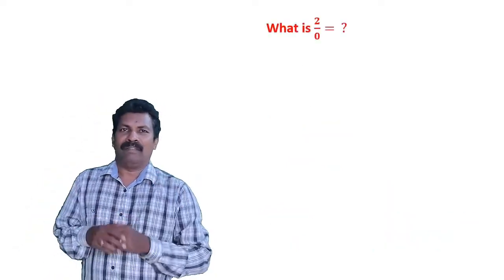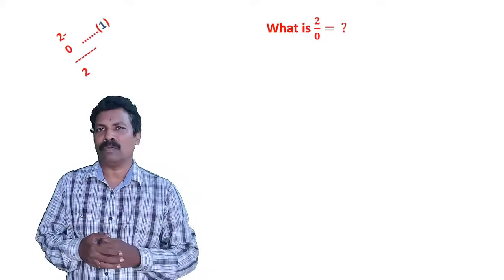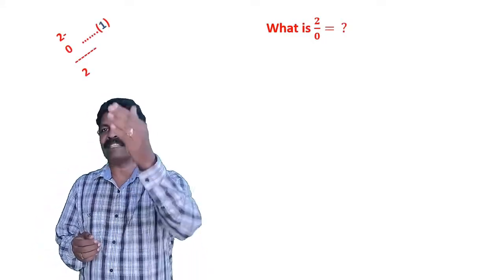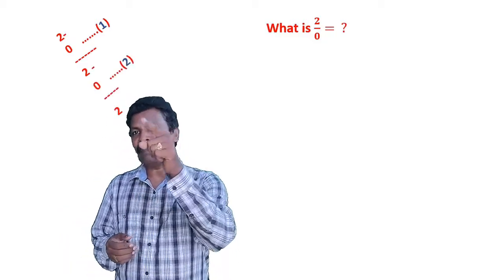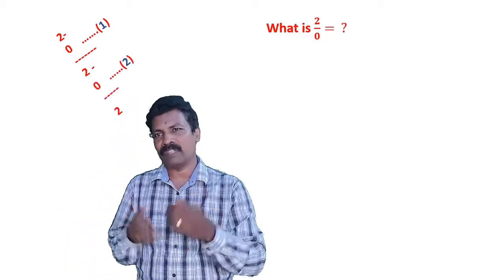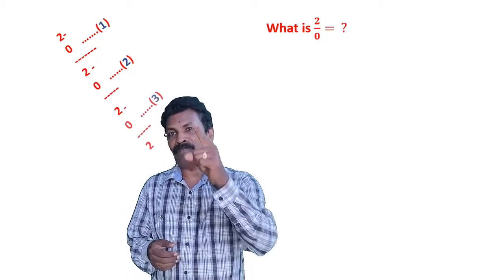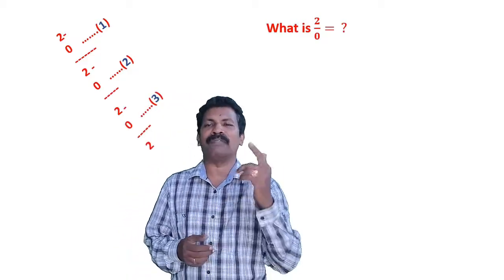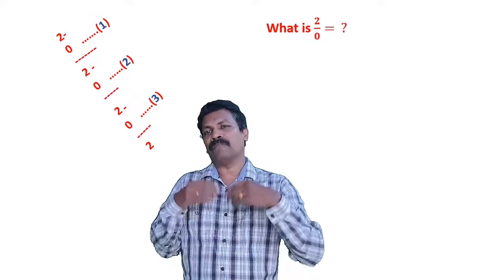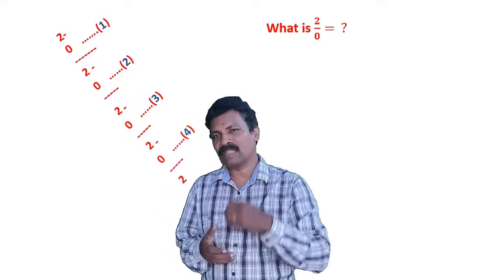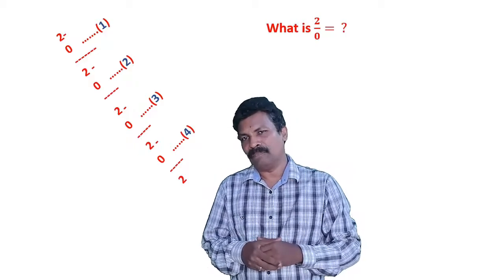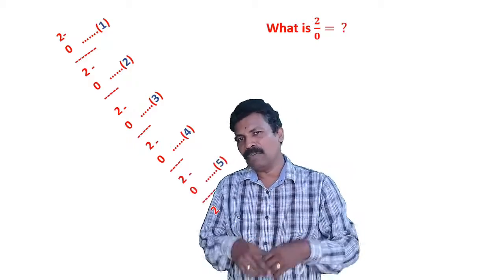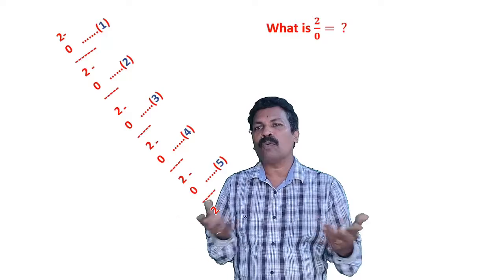In a similar way, we can find 2 by 0. 2 minus 0, first time subtracted. We are left with 2. Again, second time 0 subtracted. We are left with 2. For the third time, we are subtracting 0. We are left with 2. Again, for the fourth time, we are subtracting 0. We are left with 2. Again, for the fifth time, we are subtracting 0, we are left with 2, and so on.